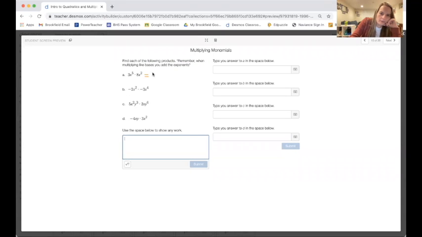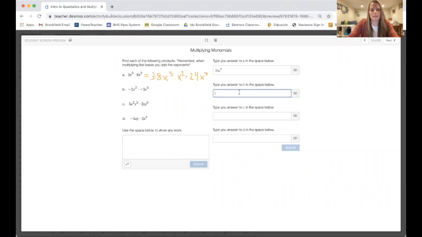So I'm going to do 3 times 8 and x to the 5th times x squared. And so 3 times 8, 24. X to the 5th x squared is going to be x to the 7th, right? 5 plus 2 is 7. So it's going to be 24x to the 7th.